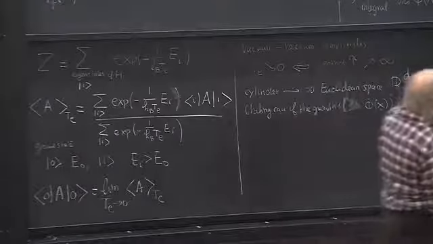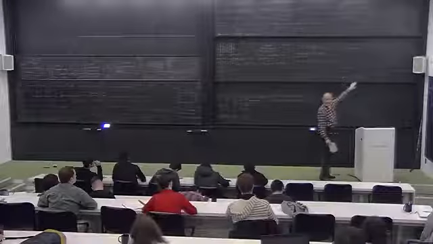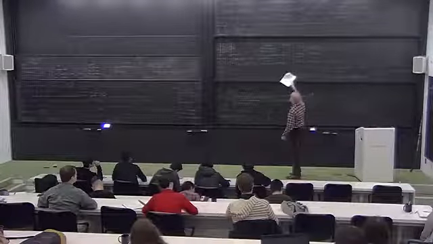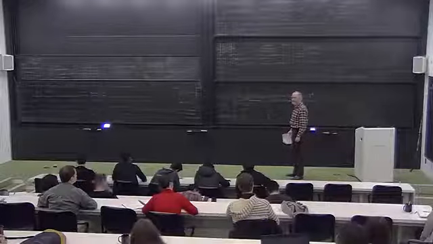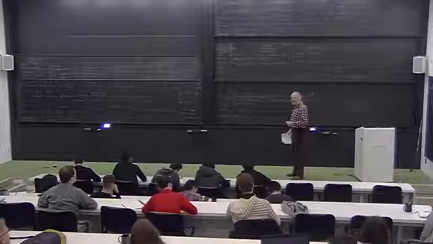So if we compute the functional integral in Euclidean infinite spacetime, we recover the vacuum matrix element, so the expectation value in the vacuum of the observable.